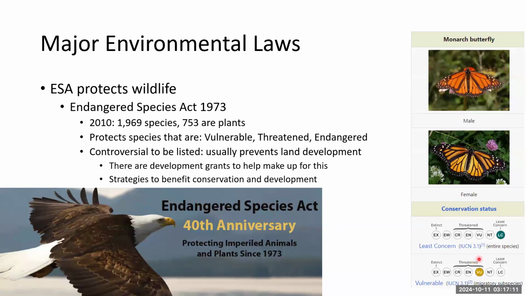The migratory subgroup of monarchs is considered vulnerable mainly due to loss of habitat. So we all sort of know and grow up learning that monarchs need milkweed plants in order to lay their eggs so caterpillars have something to eat.